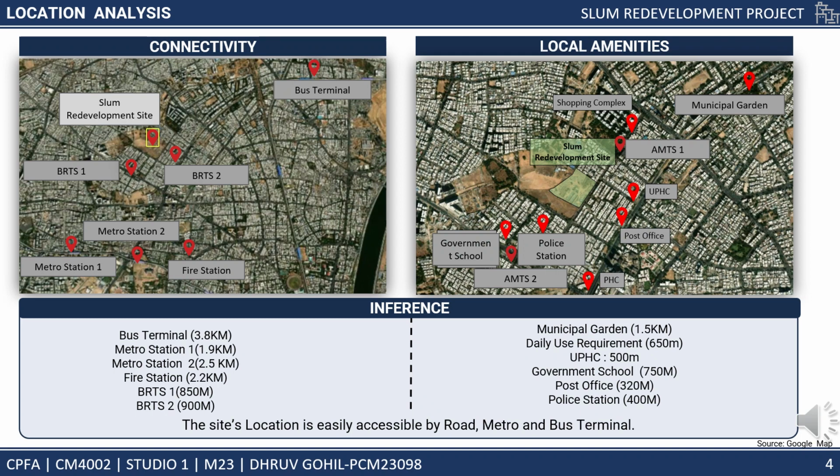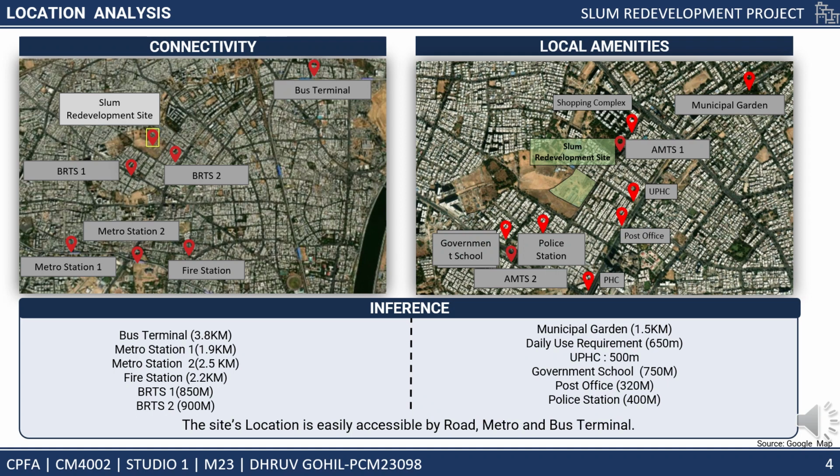Additionally, Metro Station 1 is at a distance of 1.9 kilometers and Metro Station 2 is 2.5 kilometers away, offering efficient and rapid transit options. In case of emergency, the fire station is within a 2.2 kilometer radius, ensuring quick response time. The site is integrated with BRTS 1 and BRTS 2, being 805 meters and 905 meters away respectively.